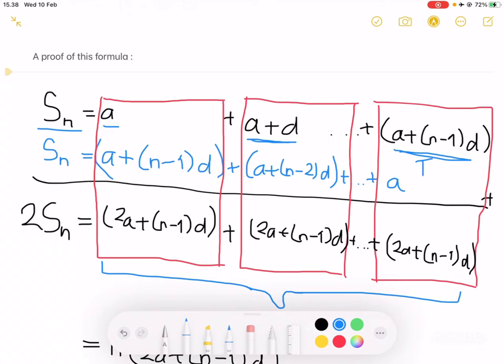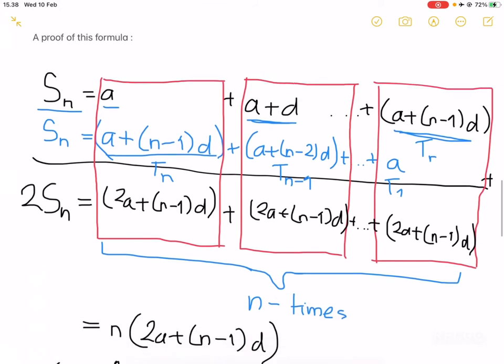This is the nth term. However, we can rewrite this by flipping, or switching, the terms to reverse order. So in this case, we write the nth term first, and then the (n minus 1)th term, and then all the way to the first term right here.